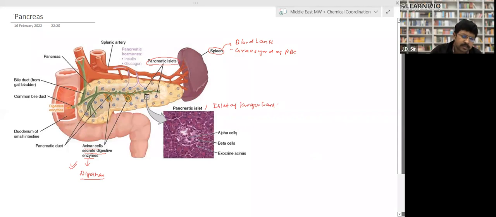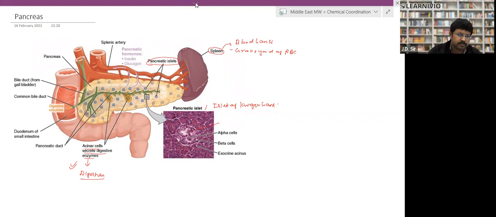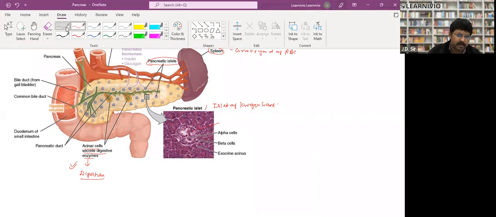Islet of Langerhans, they have alpha cells, beta cells, right? So what is the function of alpha cell, beta cell, and they also have delta cells. There are three types of cells: alpha cell, beta cell, and delta cell.